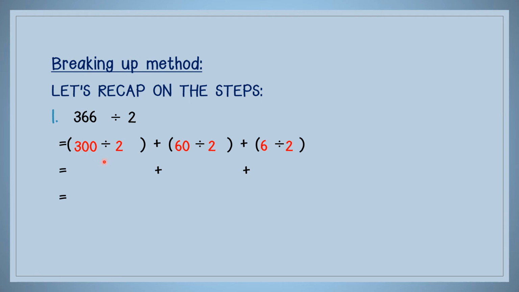They're asking you to share 300 with 2 people. So 300 divided by 2 is 150. 60 divided by 2 is 30, and 6 divided by 2 is 3. Now we are going to add 150 plus 30 plus 3 will give us 183.